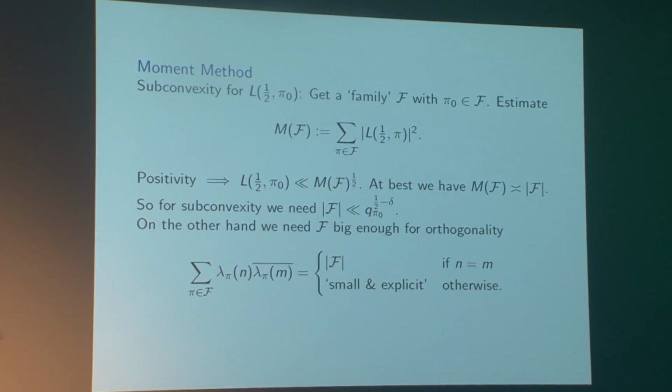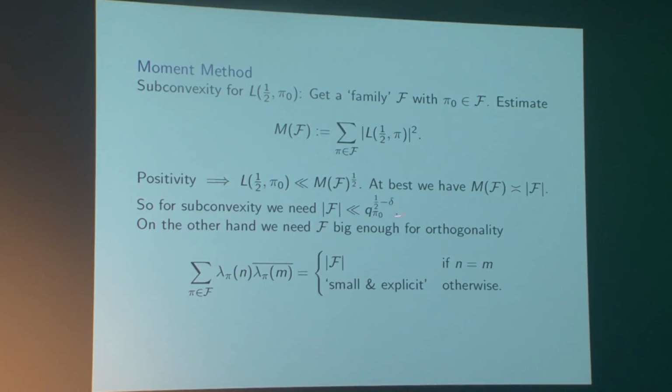Okay, so here is what we are doing in the moment method. If you want to prove a subconvex bound for L(1/2, π₀), where π₀ is a fixed automorphic form, then you hunt for a family F which contains π₀ and you estimate the moment, the sum of |L(1/2, π)|² over π in F. Using the non-negativity, you get the bound that this is bounded by the square root of the moment.